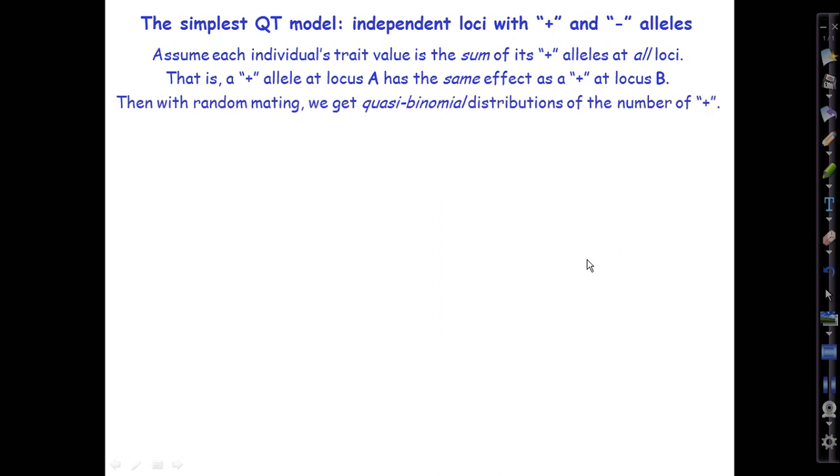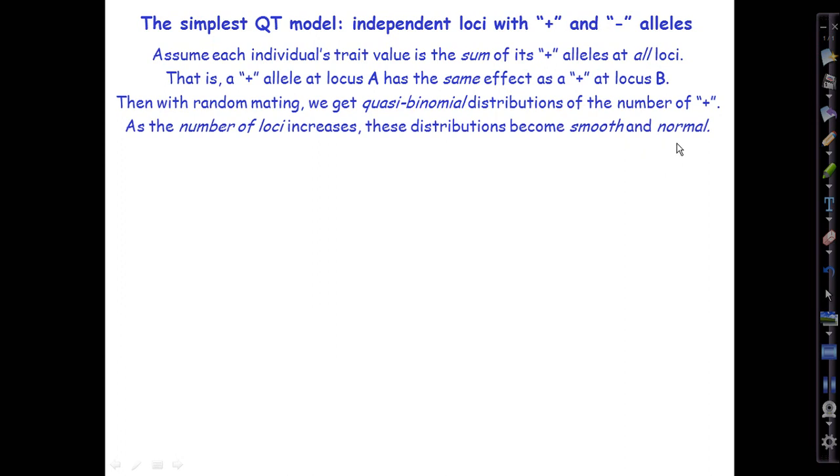So it then follows just from those assumptions that with random mating, we will get what I will call a quasi-binomial distribution of the number of pluses and likewise of the number of minuses, which are just the same thing. All right, so we'll focus on plus just for convenience and out of habit.